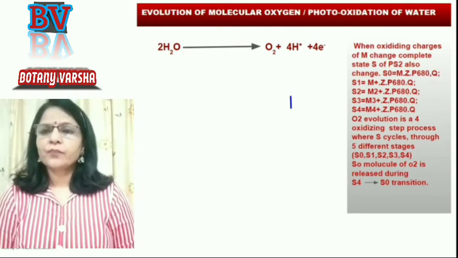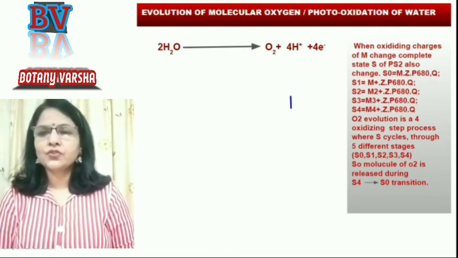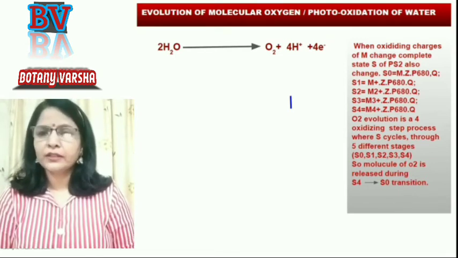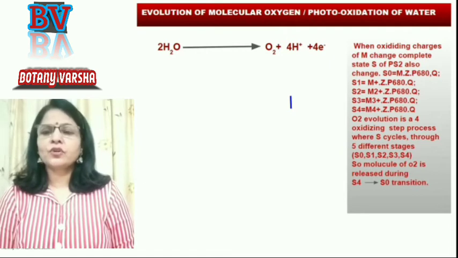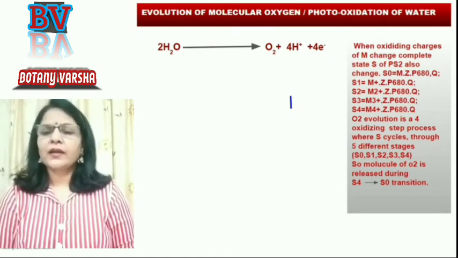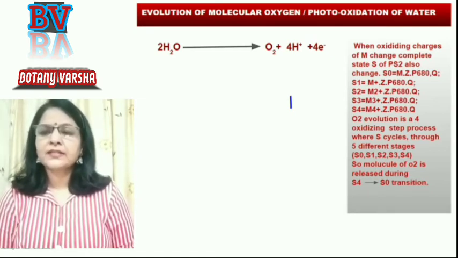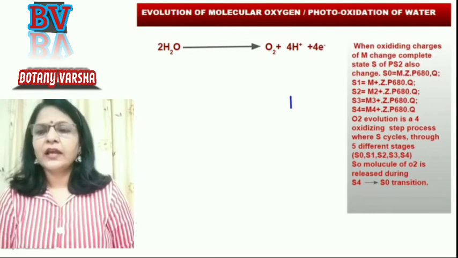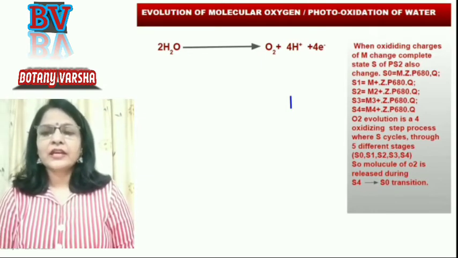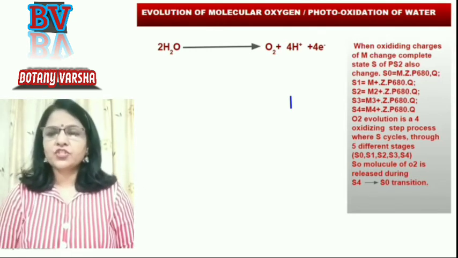So S0 is MZP680Q. S1 means M has 1 plus charge. S2 when M has 2 plus charges. S3 when M has 3 plus charges, and we will call the complete state S4 when M has 4 plus charges.